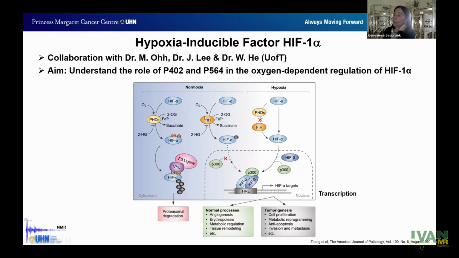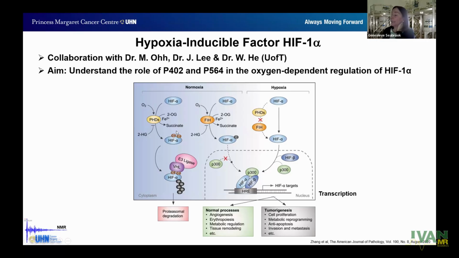At the same time, factor inhibiting HIF1 alpha can also hydroxylate HIF1 alpha at an asparagine position. In this case, HIF1 alpha is unable to interact with the co-activator P300 and form the complex.